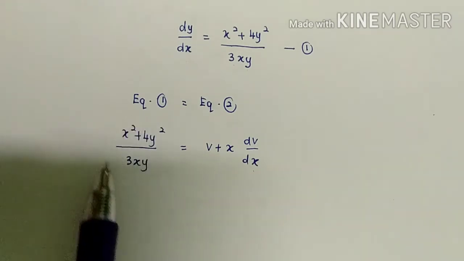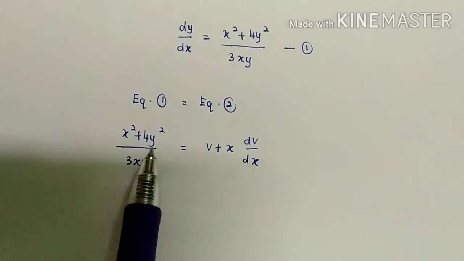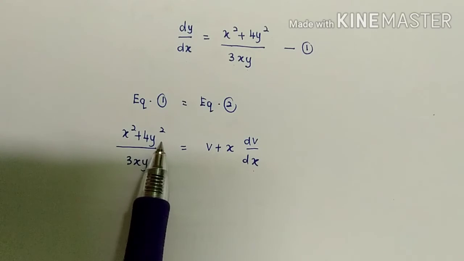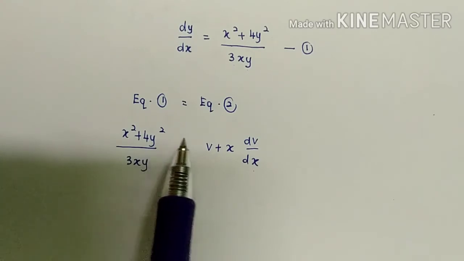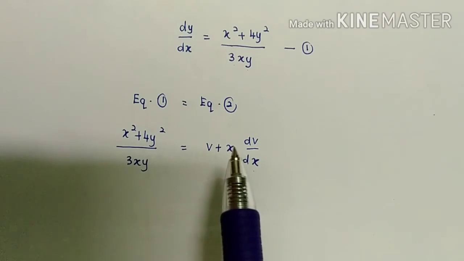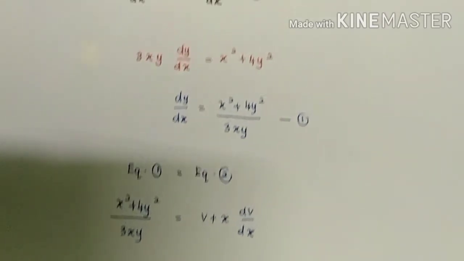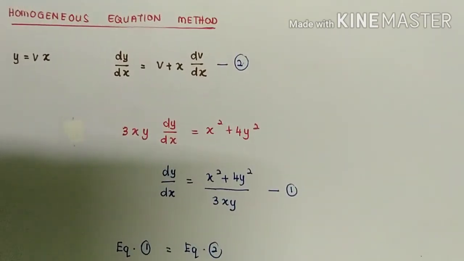At the left side we have variables of y, so we must substitute y with something else. If you look at the first equation here, we have y equals vx.